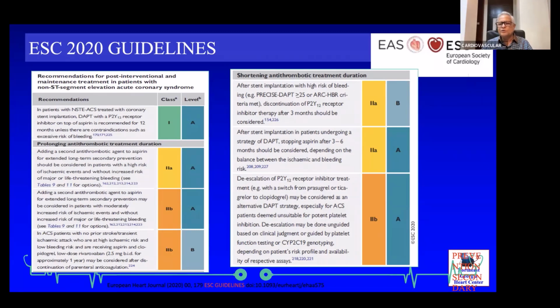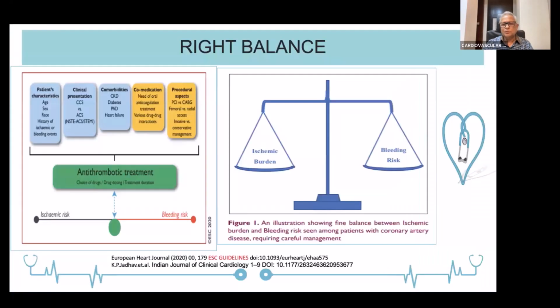And that depends on the PRECISE-DAPT score. If it is more than 25, you can give ultra short or short duration of DAPT. Ultra short is 1 month and short is 3 to 6 months. This is also a good strategy and is supposed to be effective. A lot of trials have already been done and they have shown this.